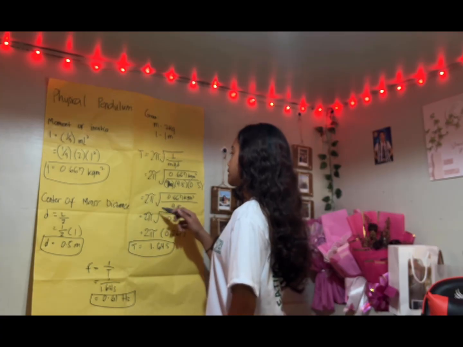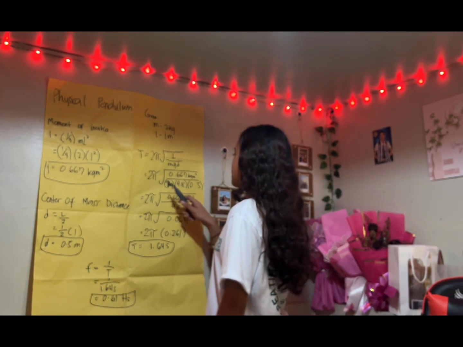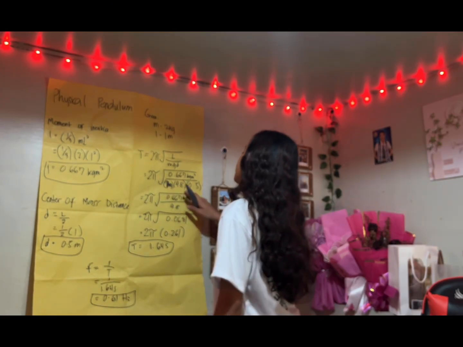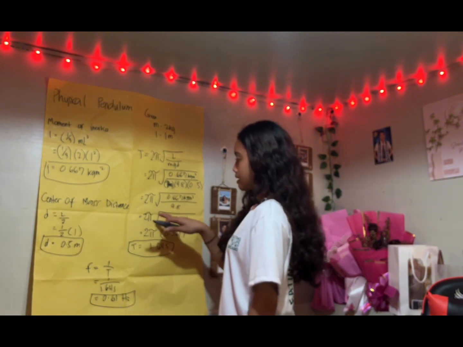So 2 pi square root of 0.67 kg m squared over 2 times 9.8 times 0.5, and the denominator is 9.8.